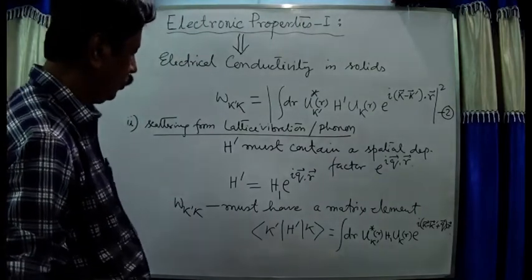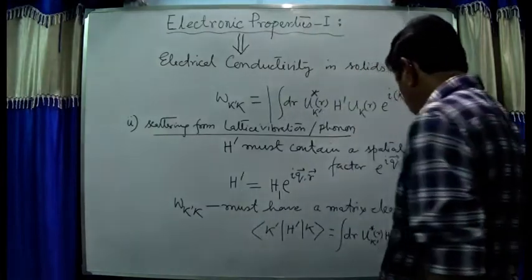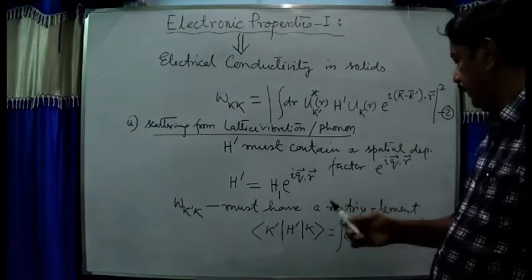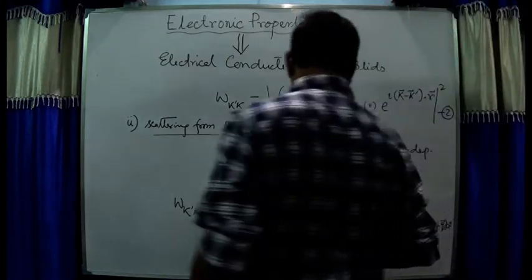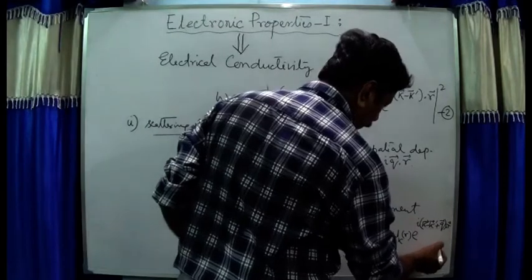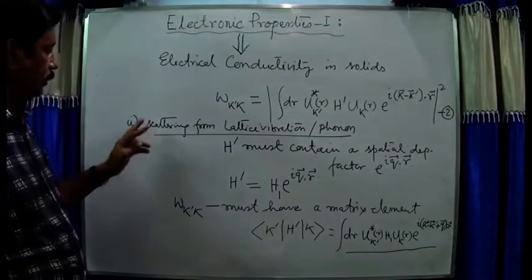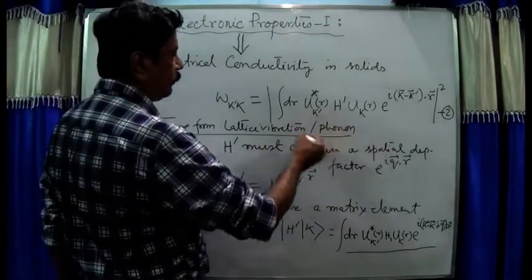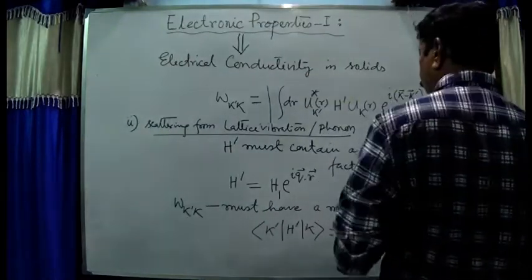So we can expect such an integration, which is the matrix element. This will be the form for our inelastic collision associated with the scattering of an electron with a phonon.